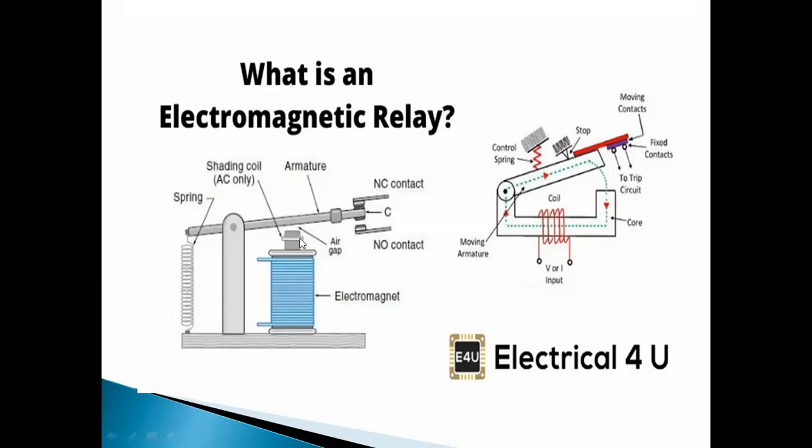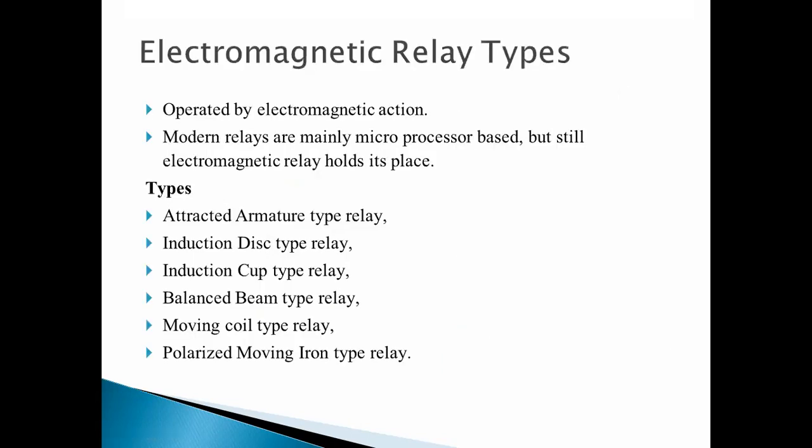When it attracts that arm, the normally open contacts get closed here. And here you can see that a signal will be given to trip the circuit, means it is given to the circuit breaker to open the contact. So this is the basic working of your electromagnetic relay.